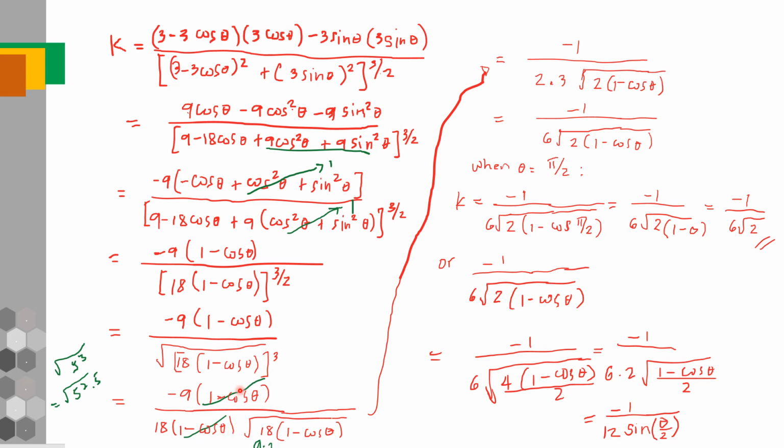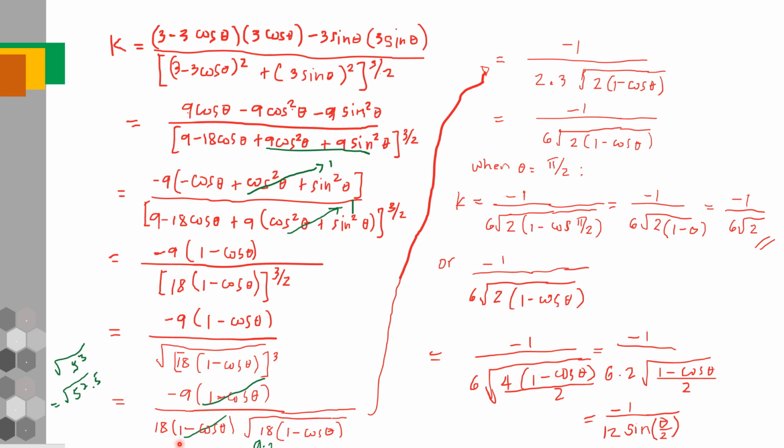Pero may matitira sa loob na 18 times 1 minus cosine theta kasi cube yun eh, no? So, yung naka-square lalabas. Okay? So, magka-cancel ito. So, of course, masisimplify mo rin ito. So, magiging negative 1 half.